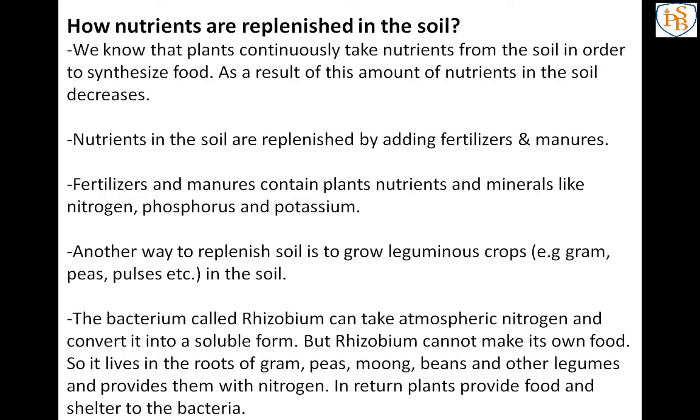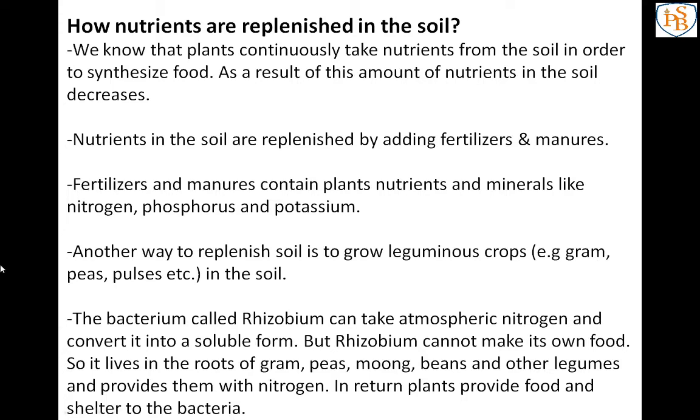Now the last point of our lesson is how nutrients are replenished in the soil. When the plants are making food, they are always taking the nutrients from the soil. As we know, if we do something again and again, the quality of that thing decreases.